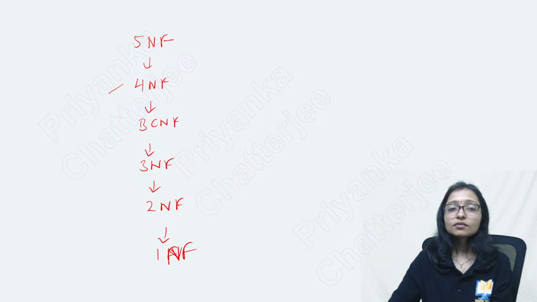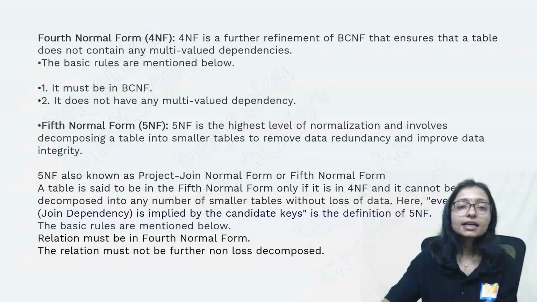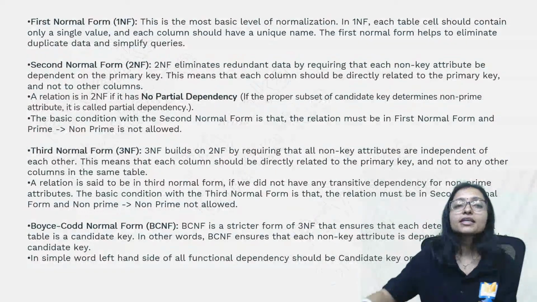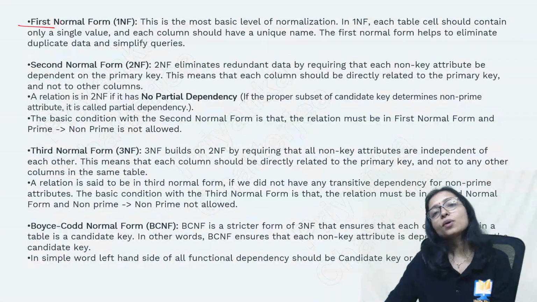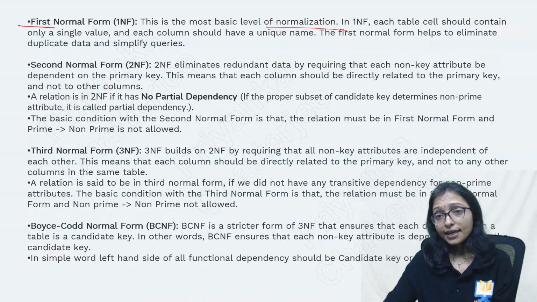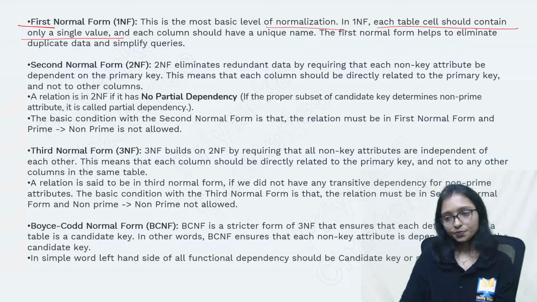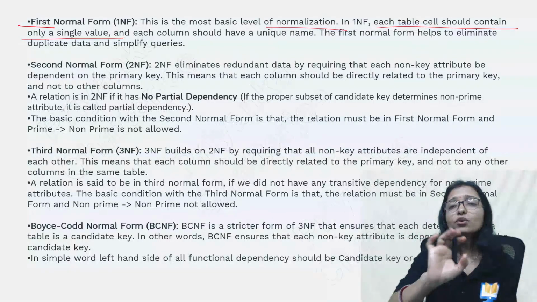Now one by one, see the normal forms. I am going from 1NF. 1NF is the basic one. 1NF is telling you it is the basic normalization: each table cell should contain only a single value, meaning multiple values cannot be there.